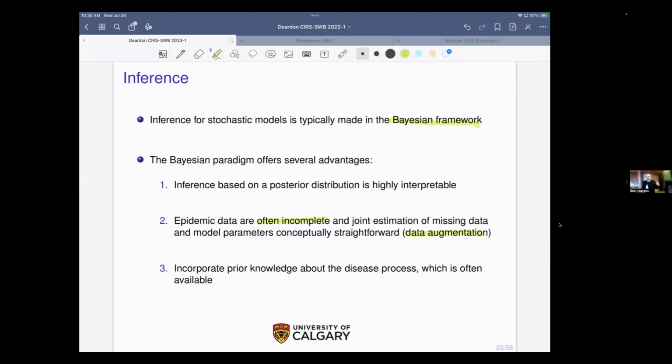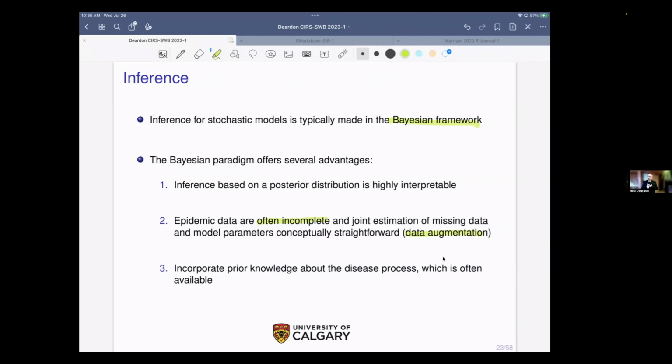You could do it with an EM algorithm, but maximizing those high dimensional likelihoods can be difficult. And then the third one, and this is tied to the second point here, is that the Bayesian framework obviously builds on prior information. Right? You start with your prior, you update that information with your likelihood.